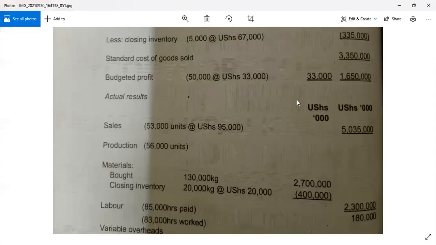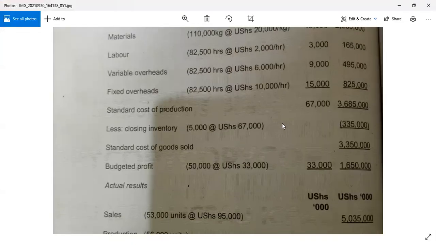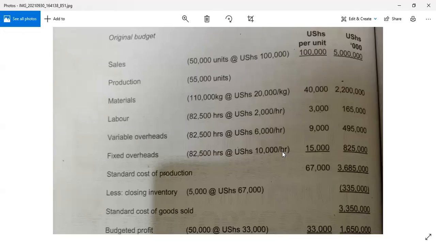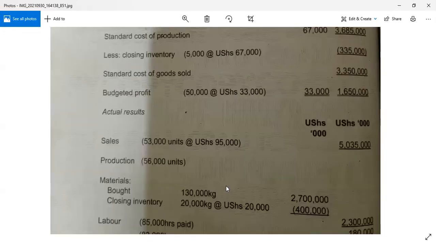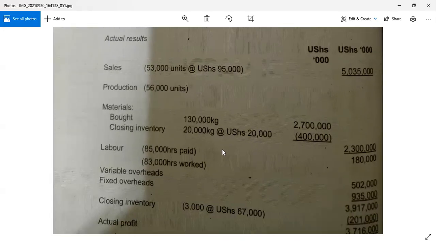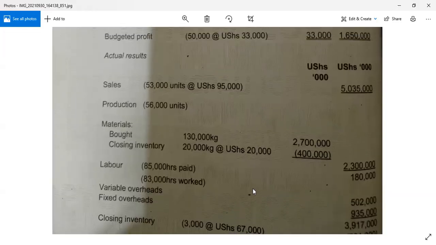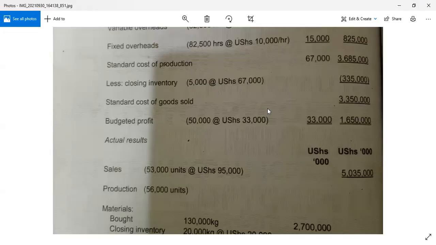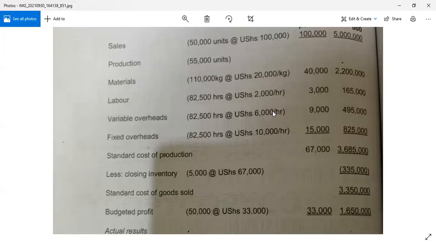As you can see right here, this is labor. Before that, let's just look at the actual. How many units were produced? There were 56,000 units. Now, how many hours would labor have worked?